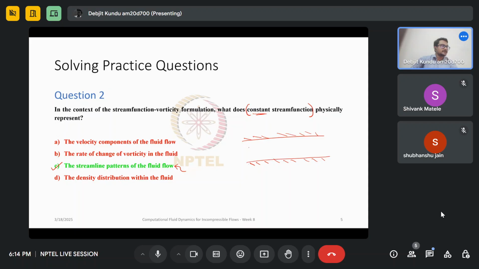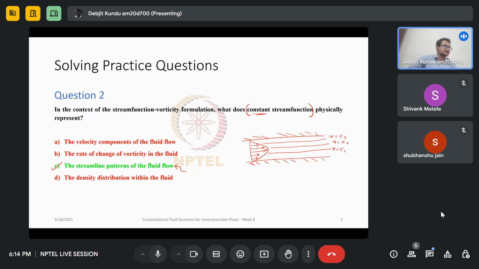In this case, you'll have a flow field like this, a parabolic velocity profile, but the flow is all parallel. So all the constant streamlines would be parallel to the x-axis. So there will be psi equal to some constant C1, another constant C2, another constant C3 like this.